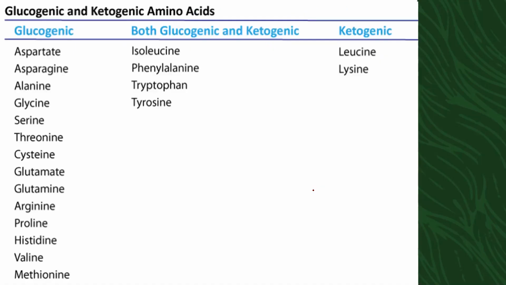Okay? So this is the table that shows which amino acids are glucogenic, which are ketogenic, and which are these: isoleucine, phenylalanine, tryptophan, and tyrosine. Take note, they are considered glucogenic and ketogenic. Again, glucogenic means precursor of glucose, and ketogenic means precursor of ketones.